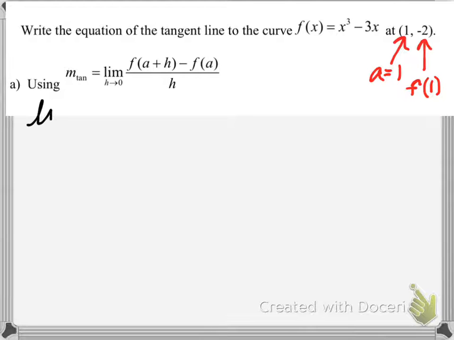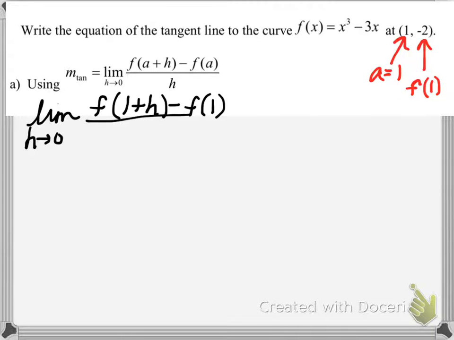So the slope of our tangent will be the limit as h approaches 0. And now that we know the value of a, I'm going to input it here. So this will be f of 1 plus h minus f of 1, all divided by h. At this point, it's really important to understand the algebra of what f of 1 plus h is asking of you.